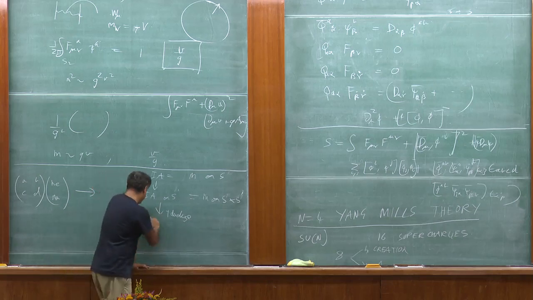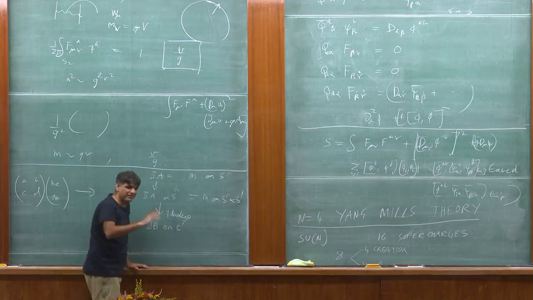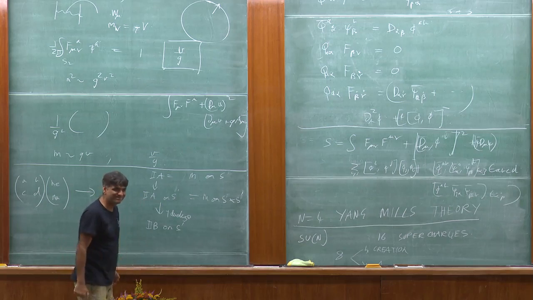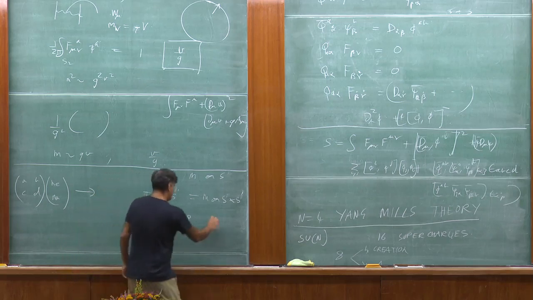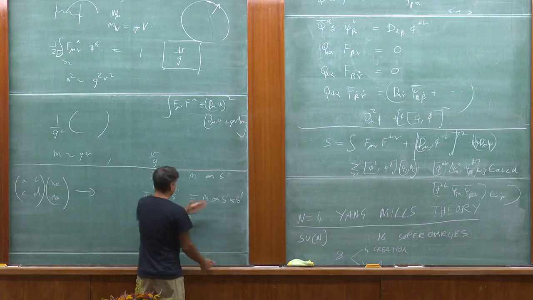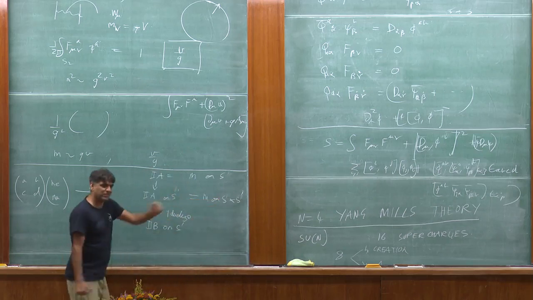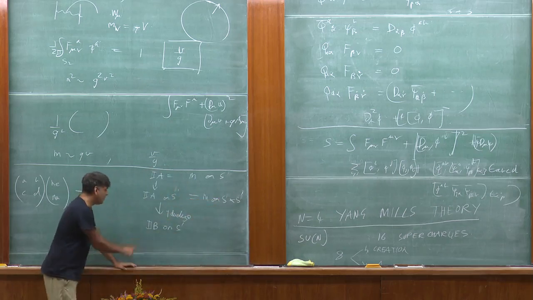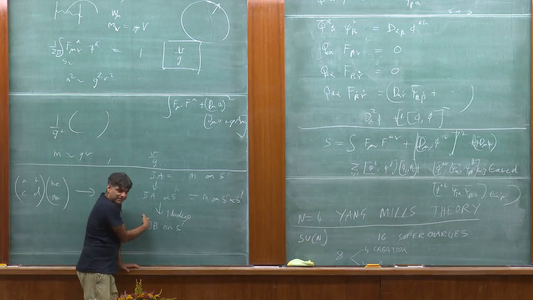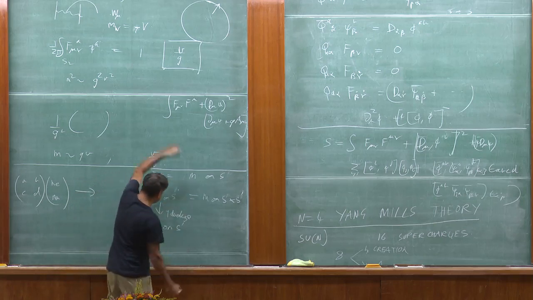If we T-dualize, this becomes type IIB on S^1 prime with R going to 1 over R. On that side we don't do the T-duality, it's just what it is. But now once we've done the T-duality here, the D4 brane has gone to the D3 brane.